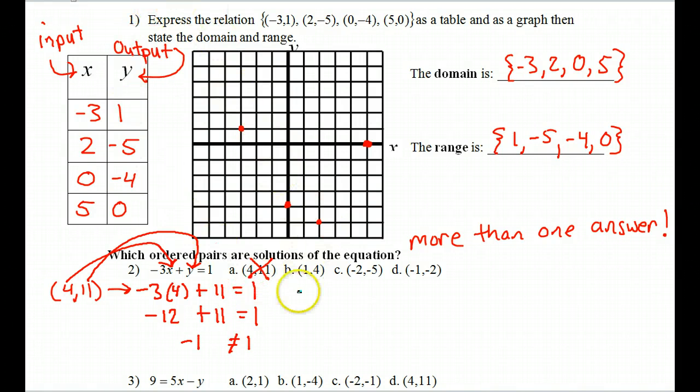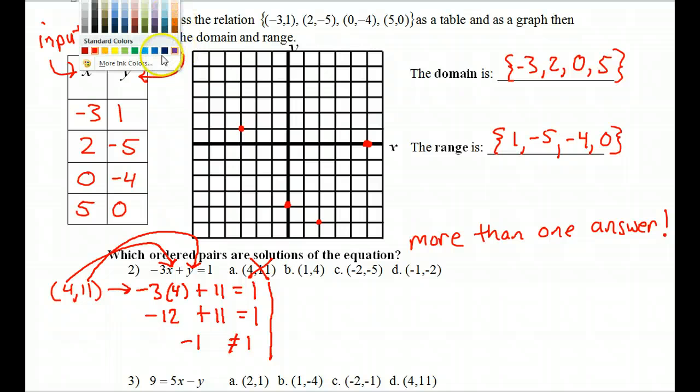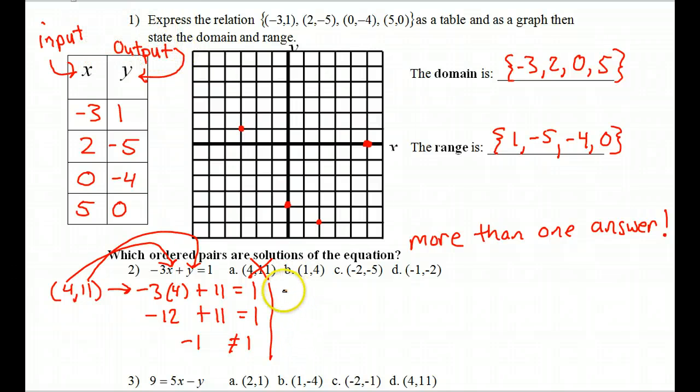So that is not a solution. Okay, but let's try 1, 4. If I do 1, 4, it's going to be like this. I feel like changing colors. So now I've got negative 3 times 1 plus 4. And we're still saying, does that equal 1 or not?